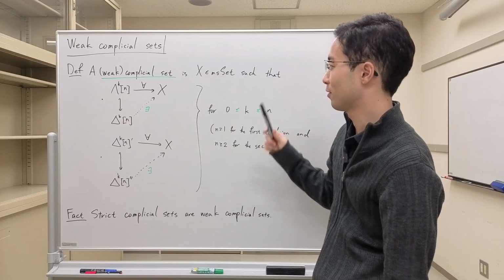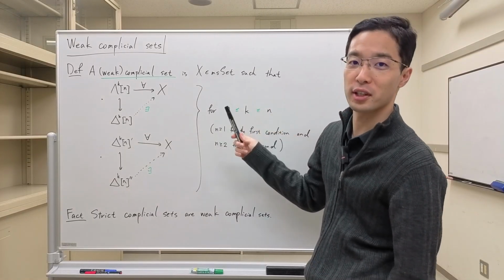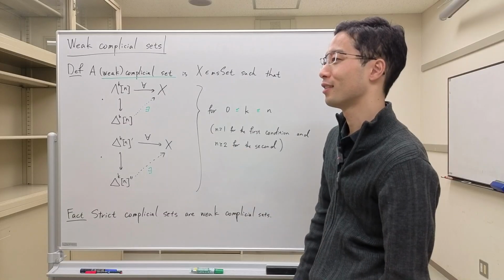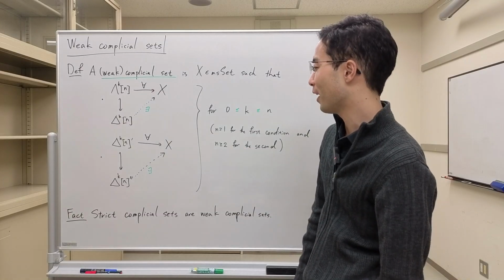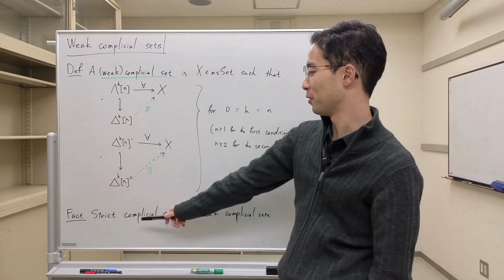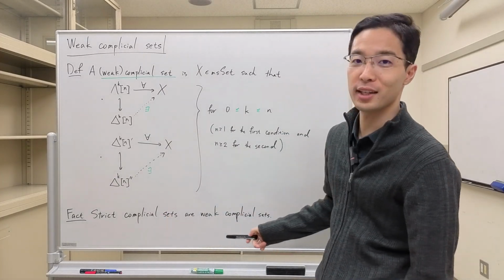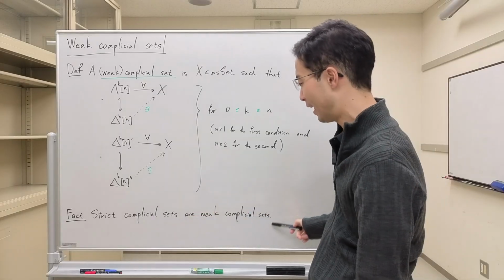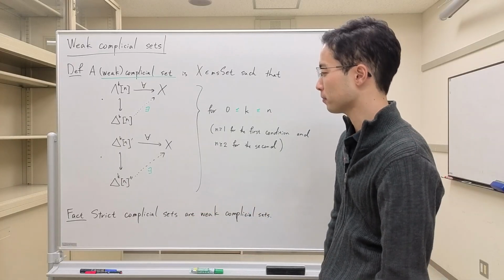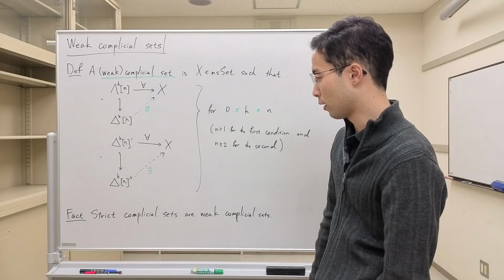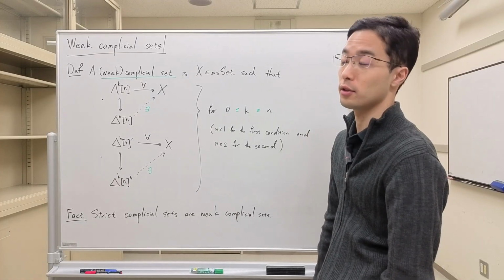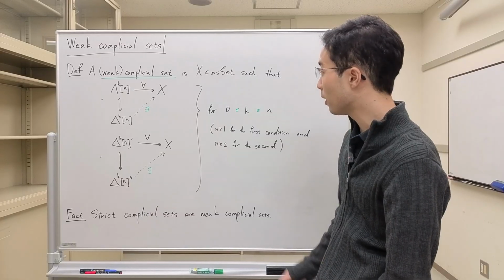If you compare just the definitions of strict and weak complicial sets, it's not clear that strict complicial sets are weak complicial sets, but this is true. I'll give a reference in the description.